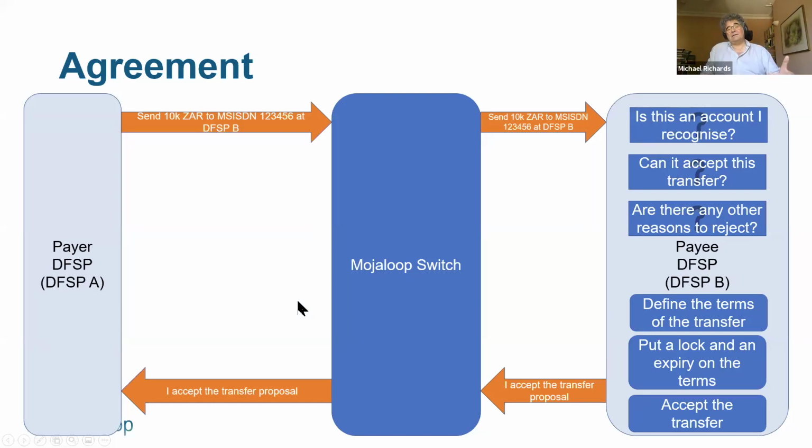Now, that doesn't necessarily mean that the transfer will go through, because it's always possible that the account might have been suspended, or it might have breached the limit between the time the quote was accepted and the time the transfer was requested. But in principle, what the payee is saying is, other things being equal, I will accept this transfer.